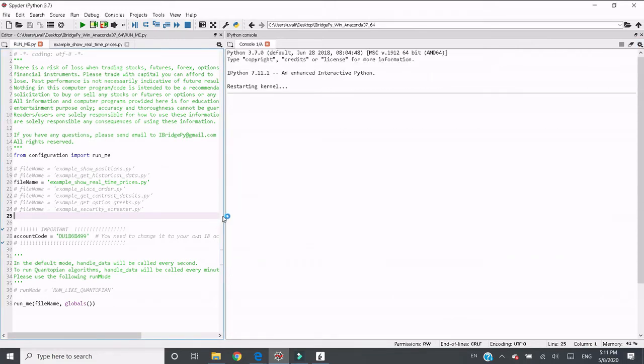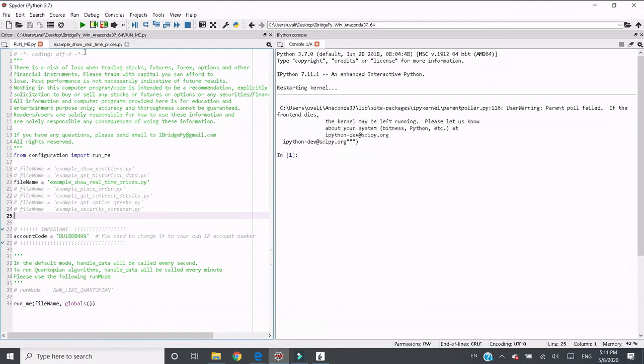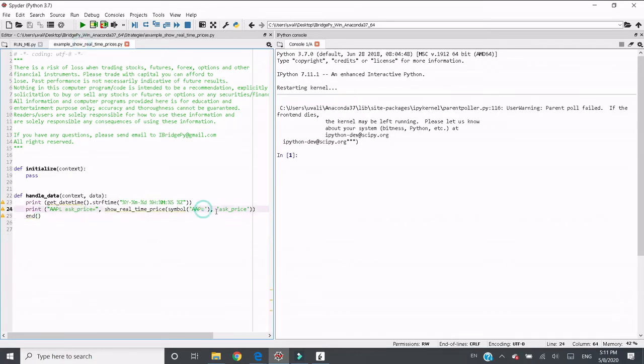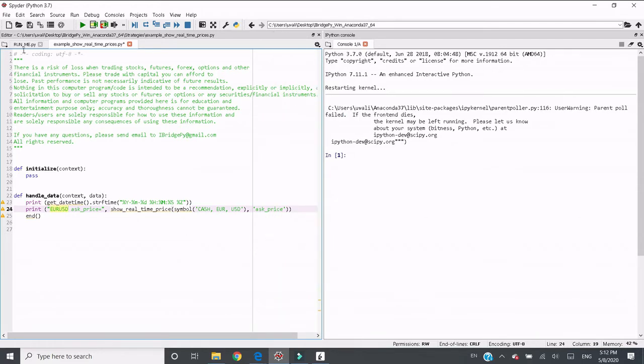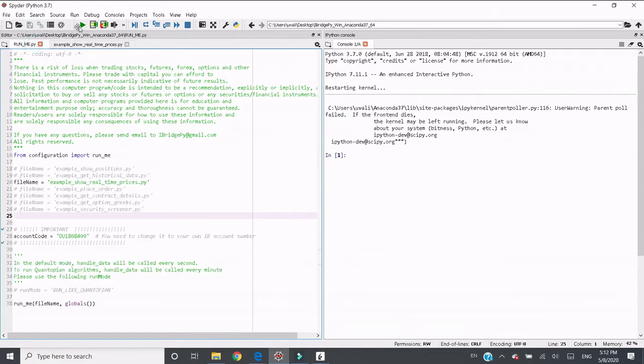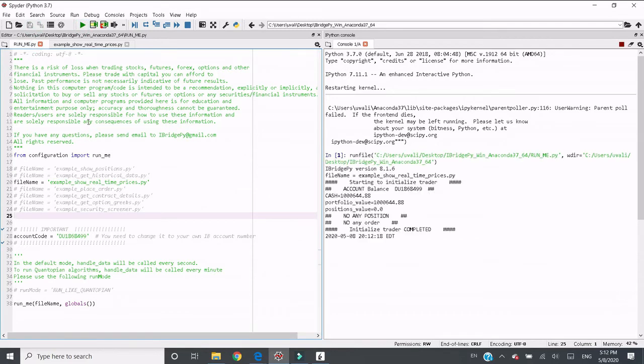If you want to get a real-time price from Forex, for example, let's change it to cash USD. Ask price. Let's see how it goes. Okay, there's no real-time price for Forex right now.